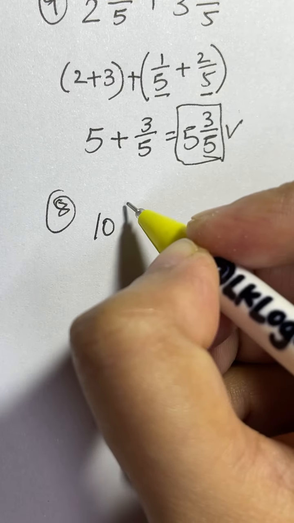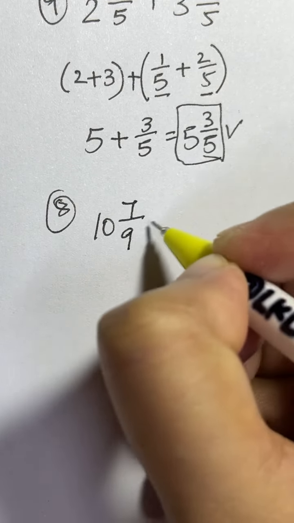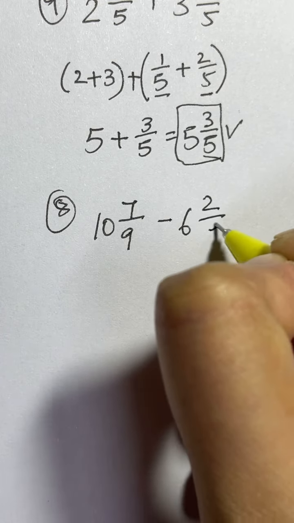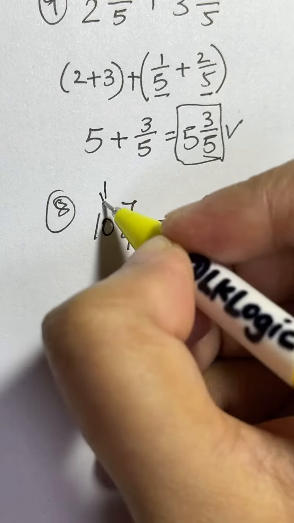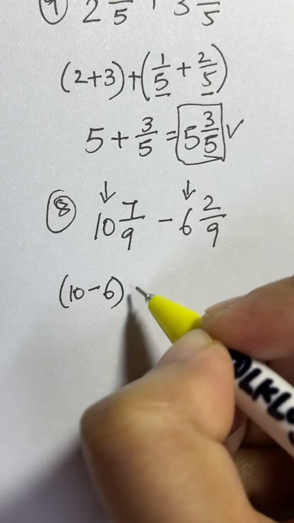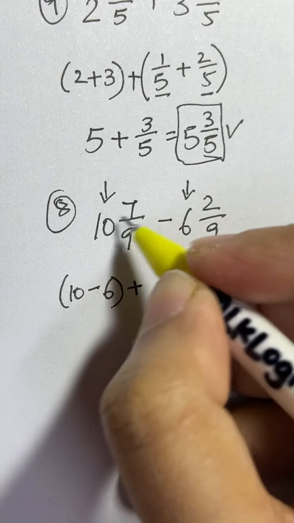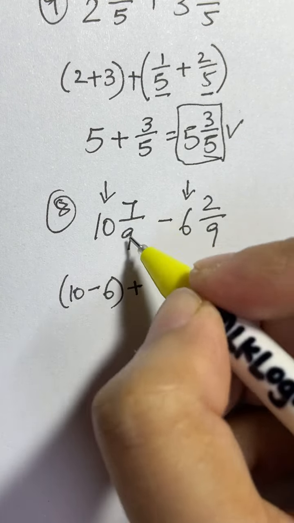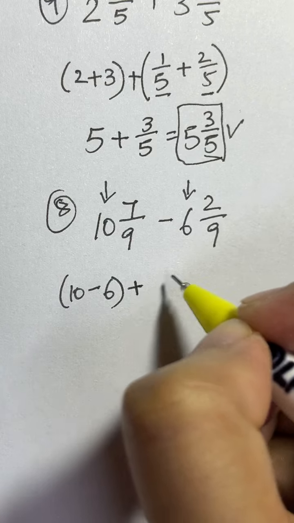Suppose you have, now you will see subtraction. 10 7/9 minus 6 2/9. So what do you do? What are the whole number parts? 10 and 6. Just subtract them. 10 minus 6. You should have a plus because there's a plus in between, not multiplication. 10 plus 7 ninths, 6 plus 2 ninths.